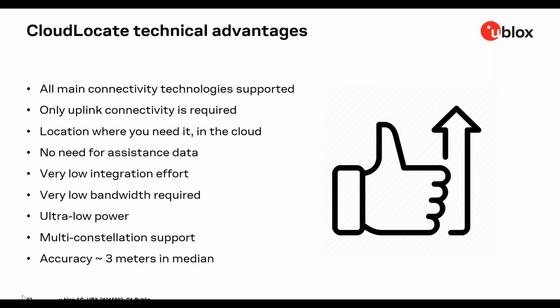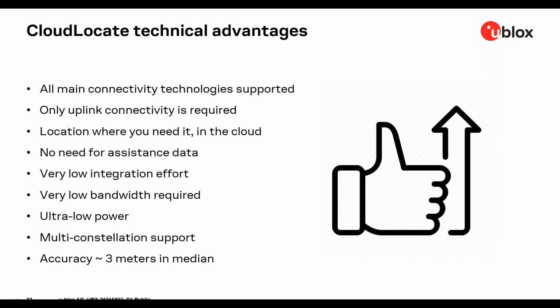I can assure you, and you can experiment by yourself, that the integration effort is very low. We will have a demo for that later on. Very low bandwidth required. Very important, especially if you are talking about connectivity like NB-IoT, Sigfox, LoRaWAN, where the bandwidth is very low. It's an ultra low power technology.